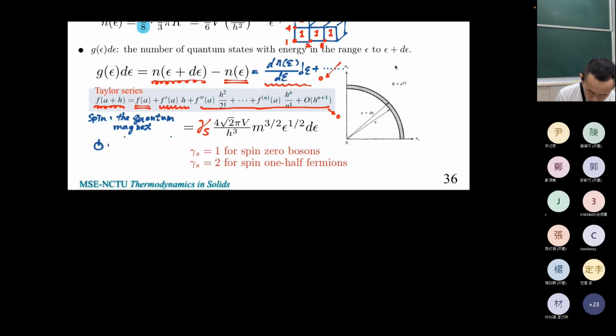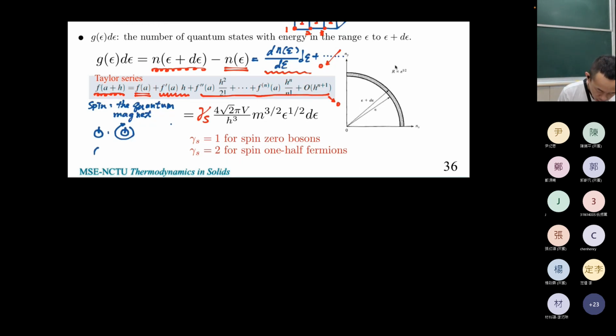Some of the particle, it can rotate only one round at a time. But some particle, they can have half rotation. So it have two choices compared to the first one.